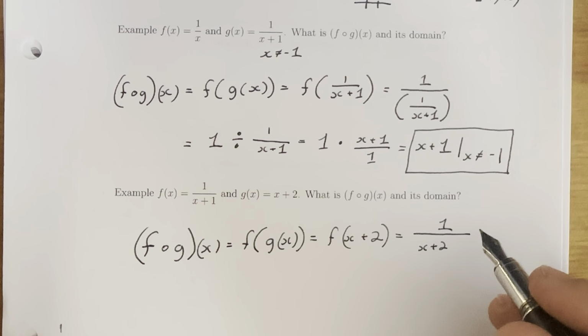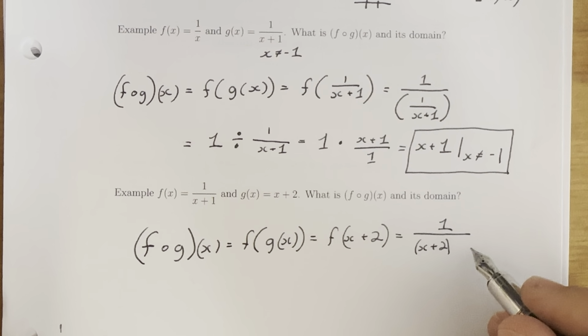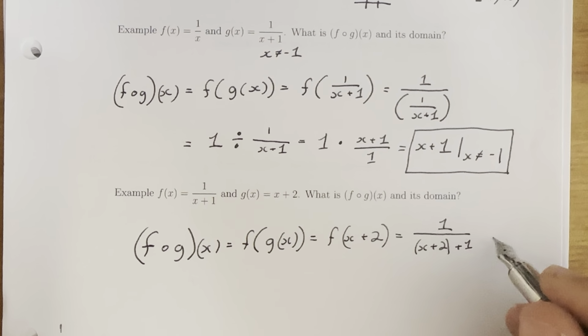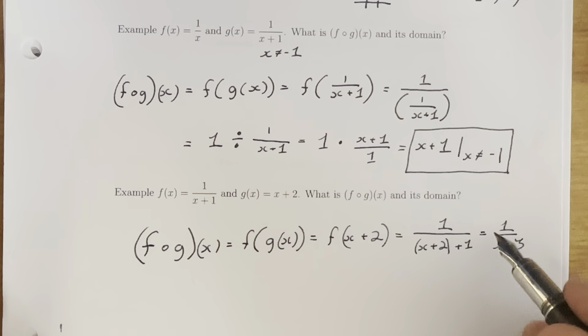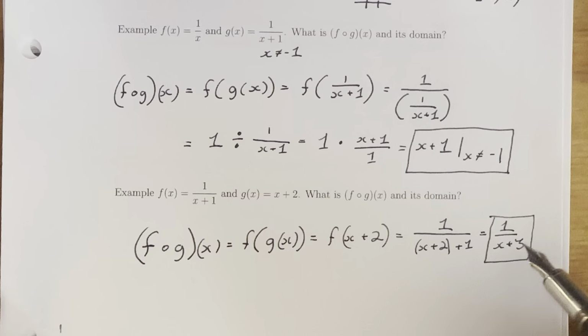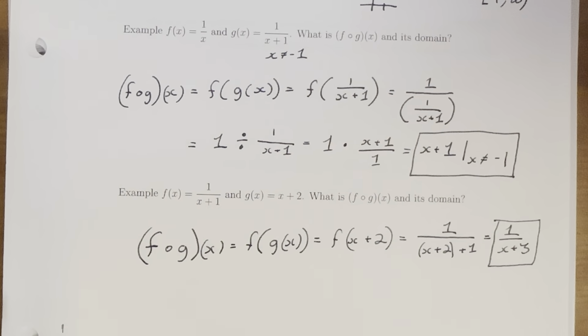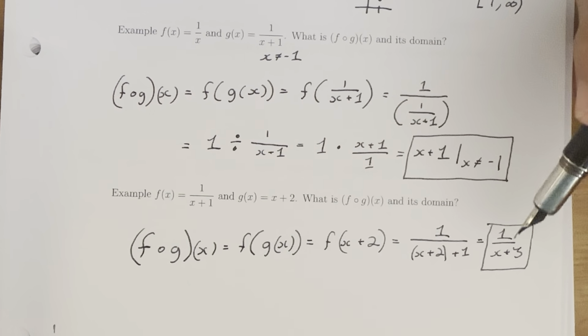So x plus 2 plus 1. And that'll be the same as 1 over x plus 3. Now, I don't really need to write the domain restriction on this one because it's evident from the expression itself, right? X cannot be -3 because if x is -3, this expression will simply not exist.